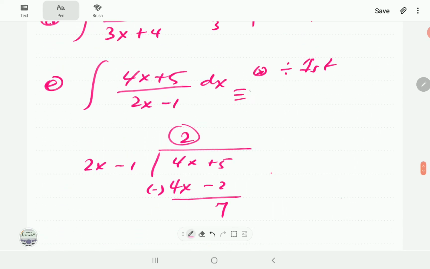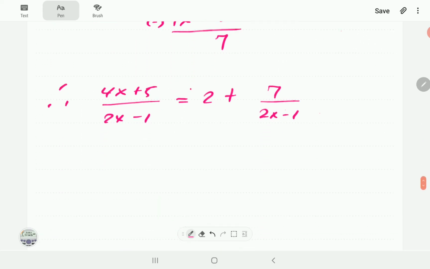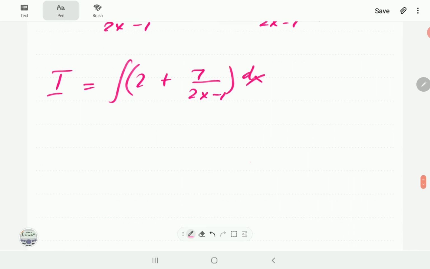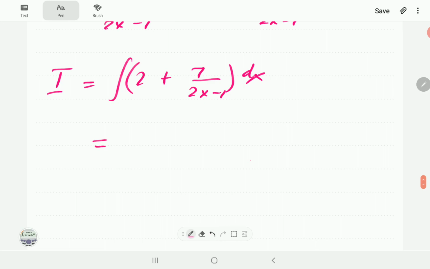So if we call this I, our integral I we can write as the integral of 2 plus 7 over 2x minus 1 dx. And then by the property of integrals, we can do this term by term.